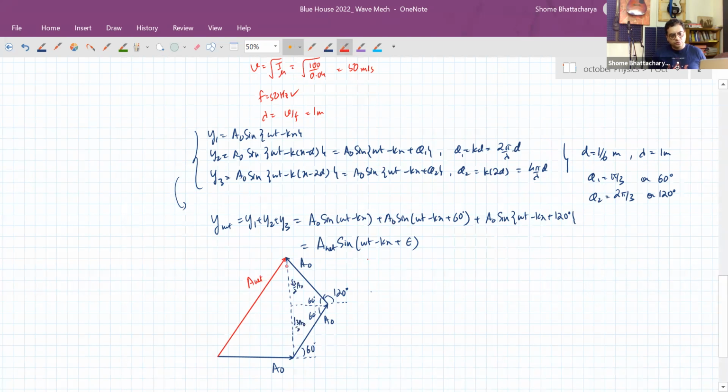So this whole thing from here to here will become root 3 a naught. So that's our net amplitude. And this here will become our phase angle.